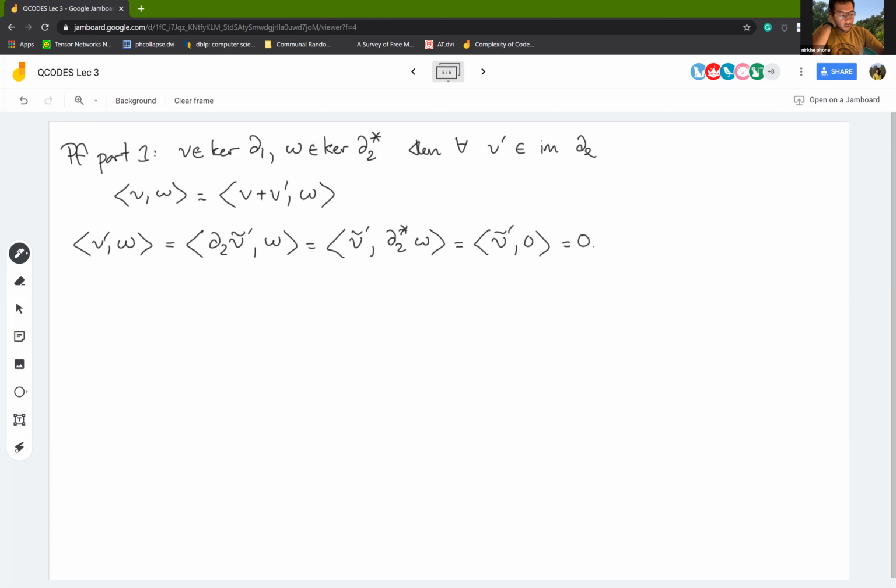So that shows the previous statement. If I have an operator in kernel of delta 1, it's equivalent to any other operator I could have gotten if I just moved it by image of delta 2.